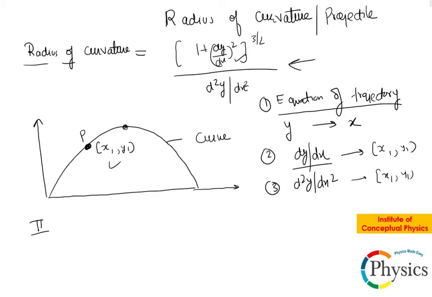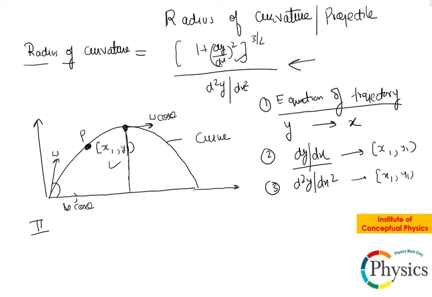So the second situation is, what is the radius of curvature at the highest point? Now, see, if you look into the highest point, your velocity here is u cos theta, where you project the projectile with velocity u, and the horizontal component is u cos theta, which never changes. And if you look into the vertical component, it is weight, right?